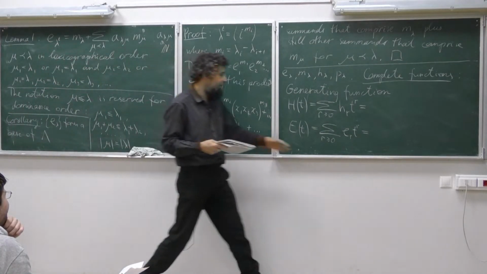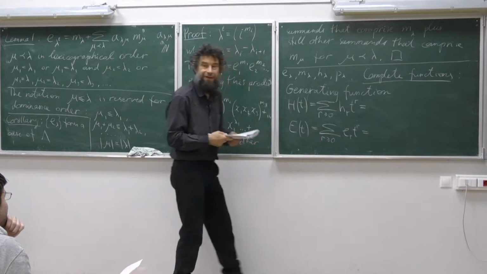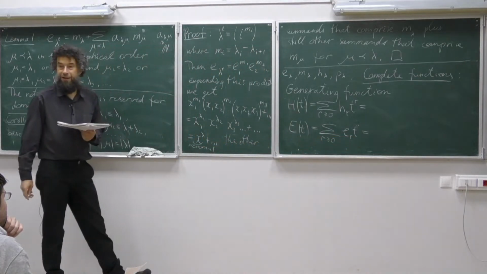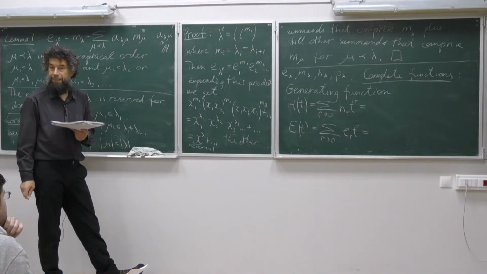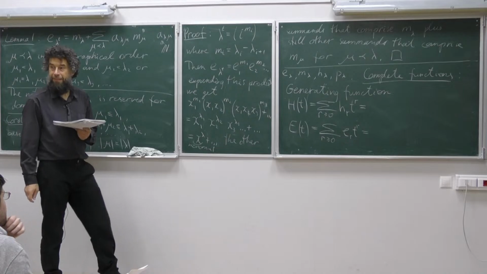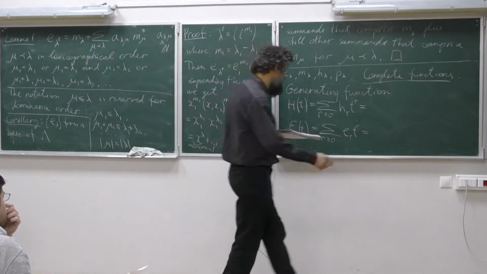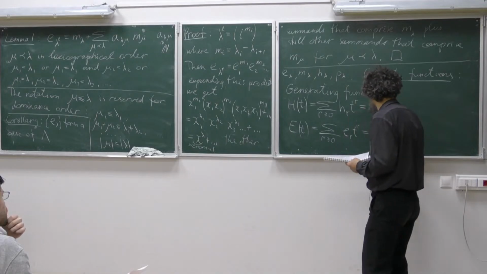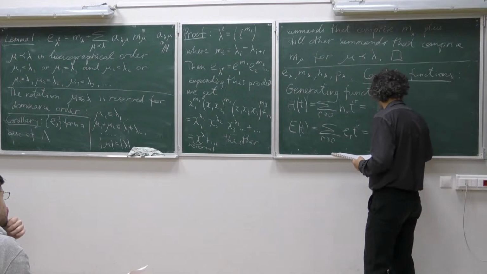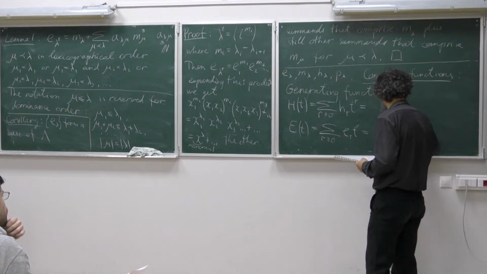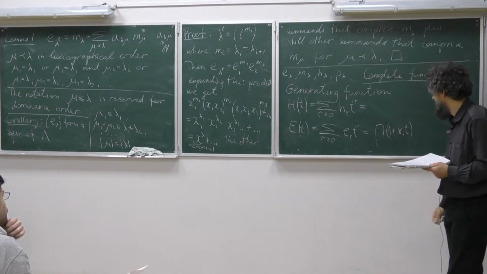Well, I claim that this sum is equal to a certain product of linear terms. So which product? Right. So the product over all i of 1 plus x_i t. Right?